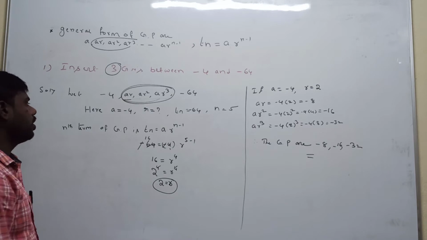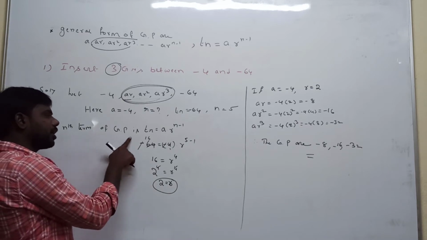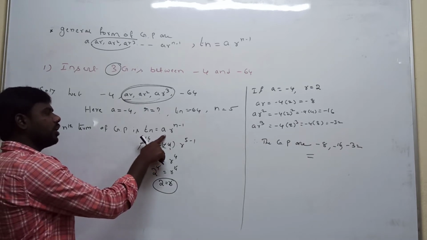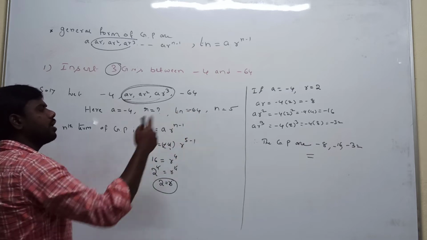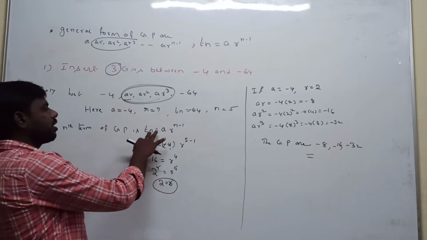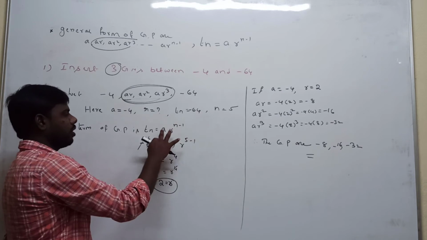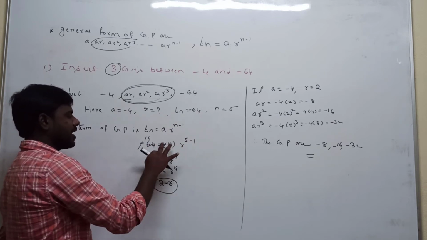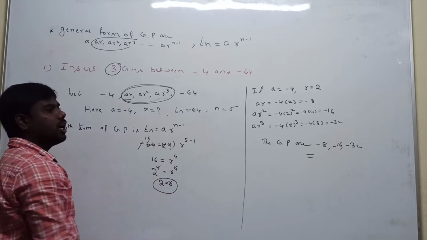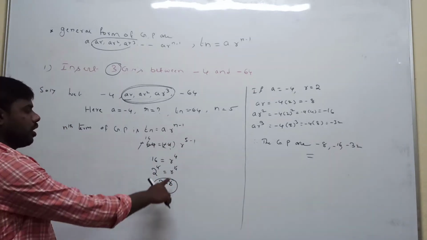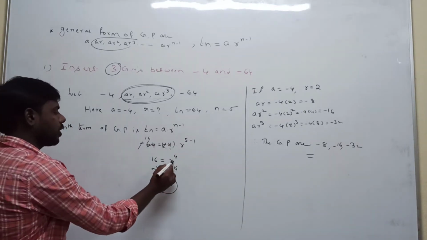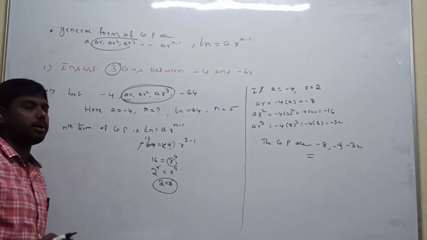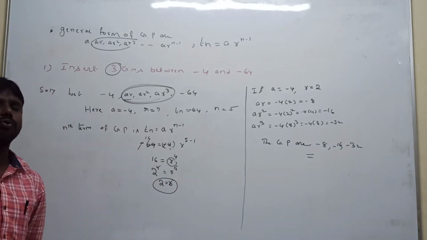Now applying the nth term of a geometric progression, Tn is equal to A into R to the power of n minus 1. The nth term value is minus 64, A value is minus 4, and R is written as it is, with 5 minus 1. Minus minus gets cancelled, 4 and the 4, 16. The right hand side has R to the power of 4, so to calculate R we convert 16 in terms of 2 power of 4.